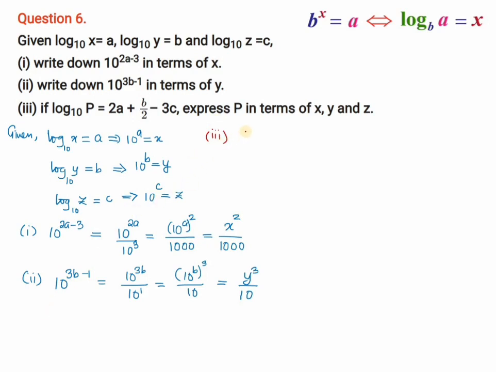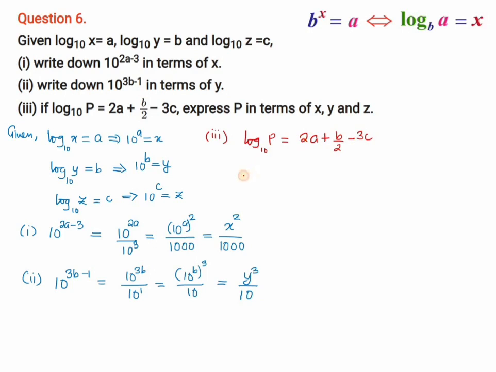So what is given to us is log p at the base 10 is given to be equal to this entire thing. So 2a plus b by 2 minus 3c. Okay, now let's compare this with this. So in that case, this is your b, this is your a, and this entire thing is going to be your x.